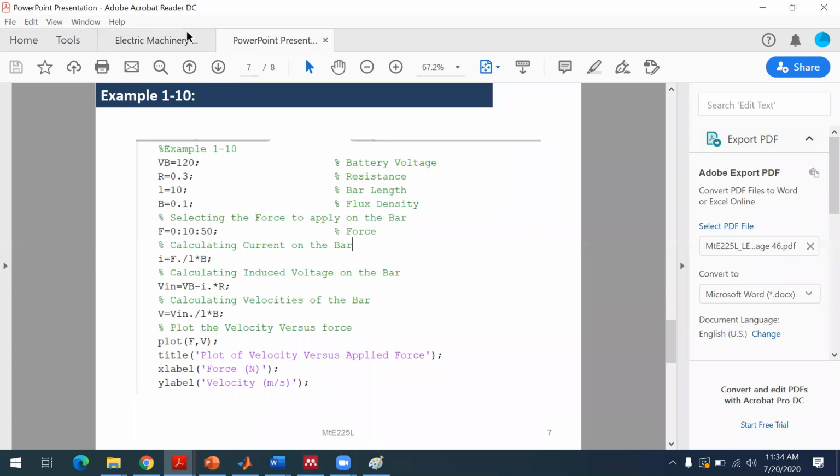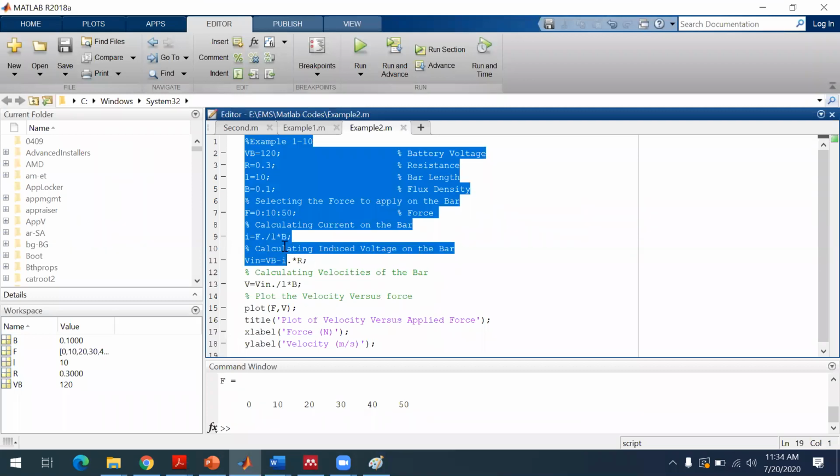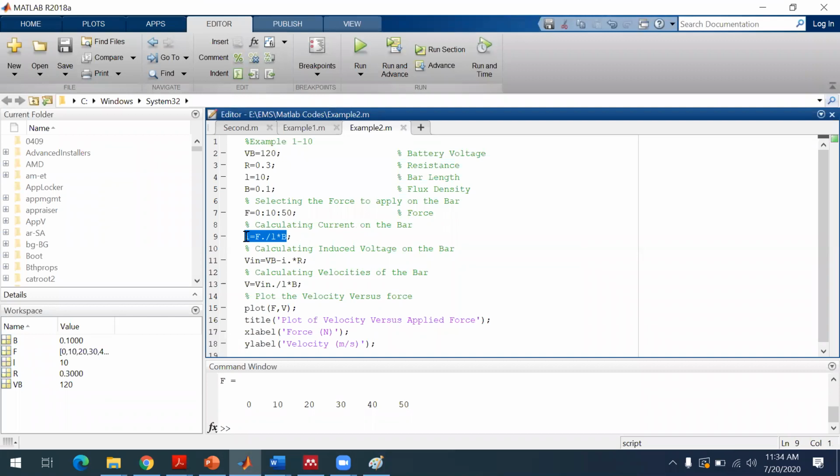So let's execute it in Matlab step by step. We have done it here. The current that is found will be this. The induced voltage would be this, and the velocity will be induced as this.